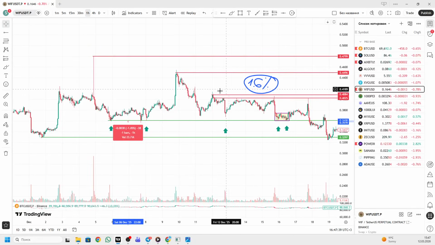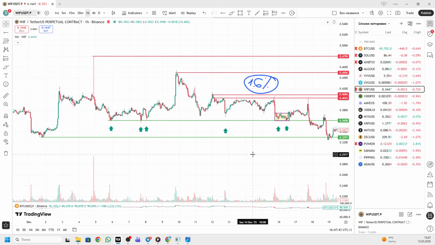Okay. One more thing which I want to tell you, when you build levels, please pay attention to round numbers. For example, here we have 0.4. You see 0.4. If you draw a level at 4,000, you can see how the price reacts around it. So this level is exactly at a round number.